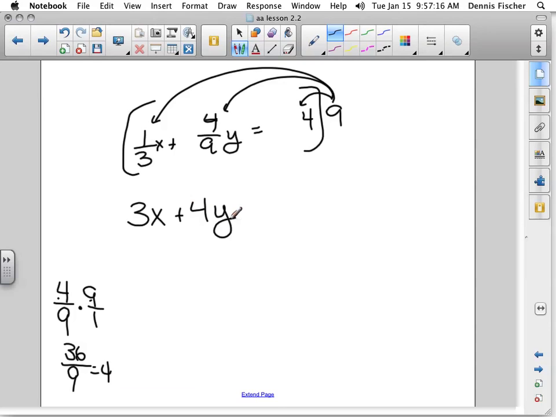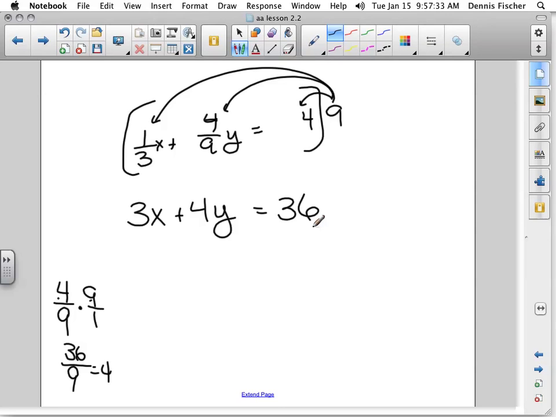Now on the other side, equals 4 times 9, 36. Am I in standard form now? Yeah, I'm in standard form. X and y on one side, numbers on the other, no fractions, right?